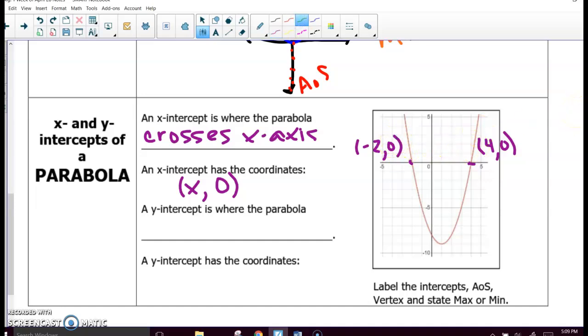Now let's talk y-intercepts. A y-intercept is where my parabola crosses the y-axis. My graph has one y-intercept.